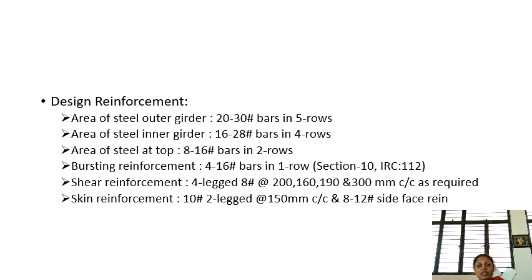And see, at the edges, at the starting positions, the spacing of the shear reinforcement will be closer, and as it goes to the center, the center to center distance between the shear reinforcement can be increased.